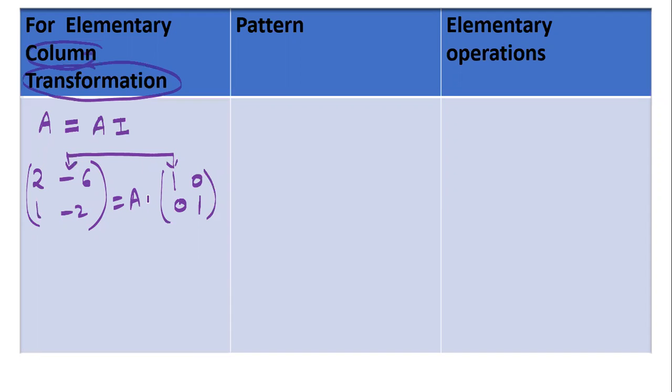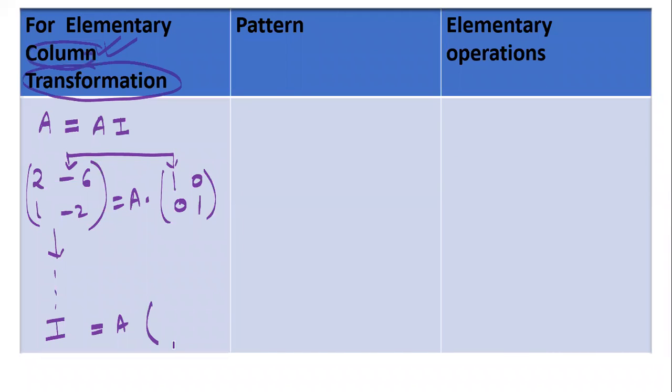Now, what would be our purpose? Our purpose would be to make this matrix an identity matrix. For that, we will apply elementary operations of transformation in columns only, because we are talking about elementary column transformation.